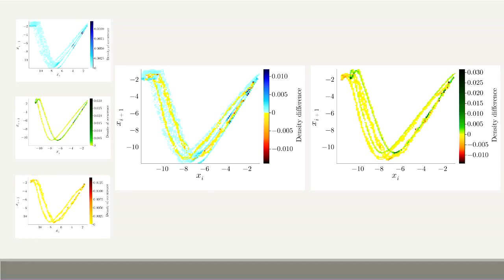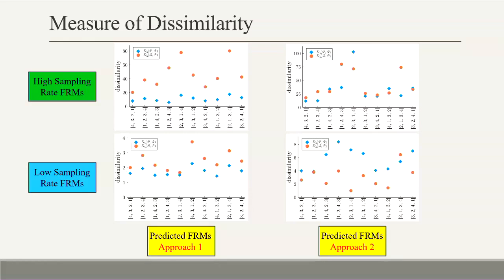Just by using the RBFs, my model may give me access to the high sampling rate one, which can be cool.